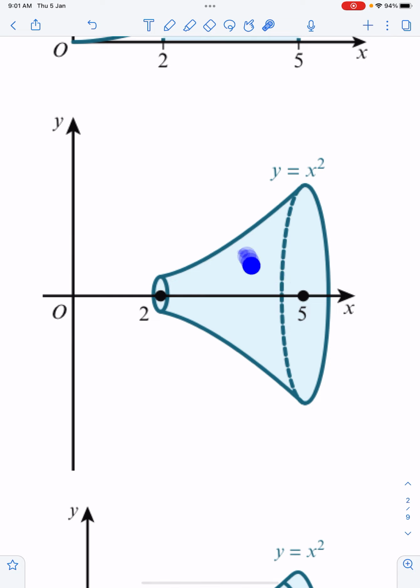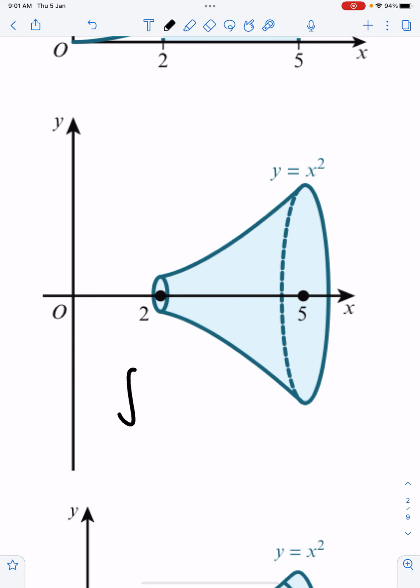Now, in order to get the volume of this solid, we have a method. If the curve is rotated 360 about the x-axis, you make y the subject and square it, and after squaring it you put pi before it.